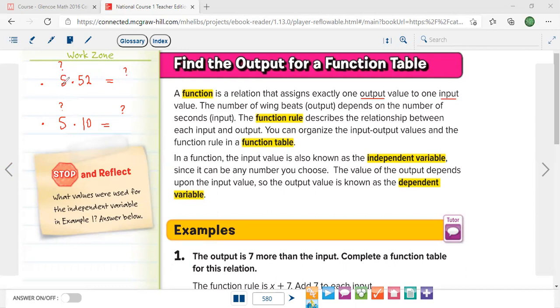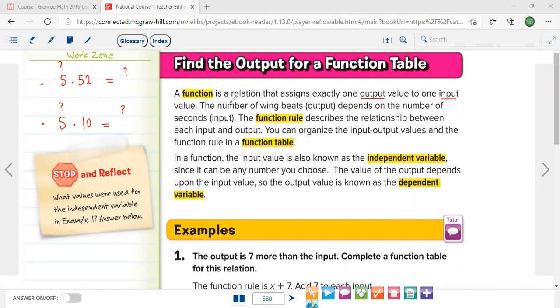So this is the independent and this is the dependent. The value of the output depends upon the input value. So the output value is known as the dependent variable.